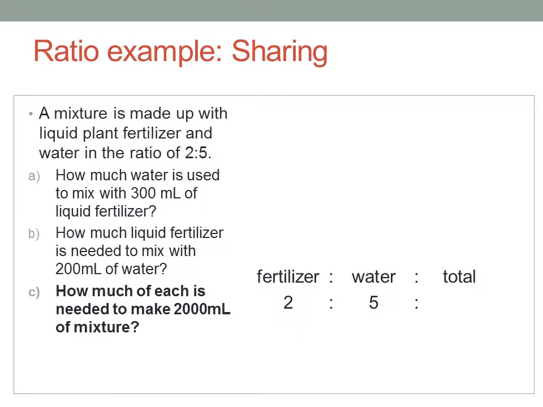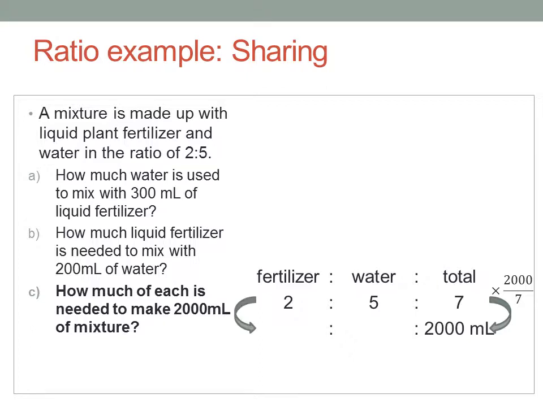Well, let's add a total column. 2 plus 5 makes 7. Now I need 2,000 millilitres in total. Okay, so multiply everything by 2,000 on 7, the new amount divided by the old.